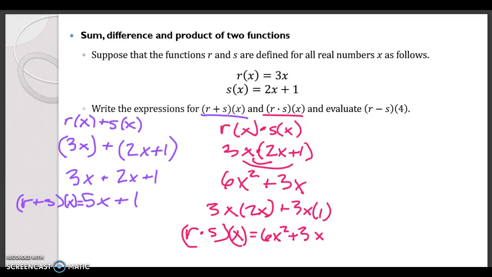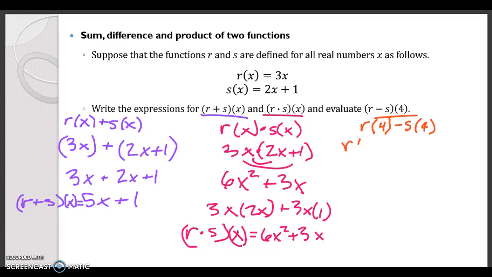What about r minus s of 4? Now there's a few different ways we could do this one. We could do r of 4 minus s of 4. Remember, 4 is our input, so instead of x we put 4.